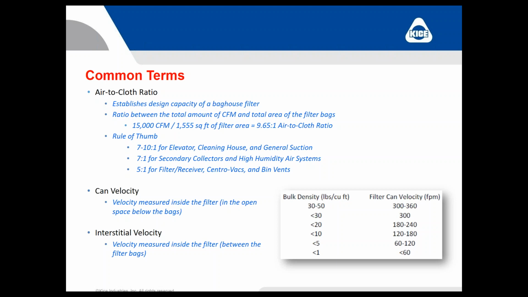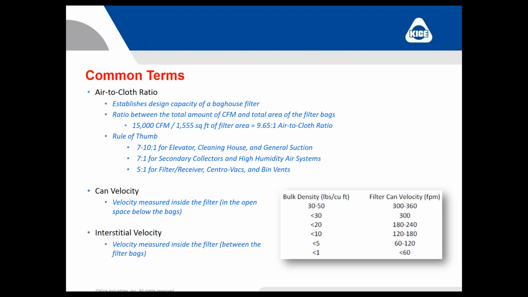We have a little chart, and I must admit we've gotten this from somewhere. I don't know that we developed this, but it shows bulk density and can velocity. If you have a product that's 30 to 50 pounds per cubic foot, a can velocity of 300 to 360 feet per minute below the filter bags is probably going to work out fine for you.